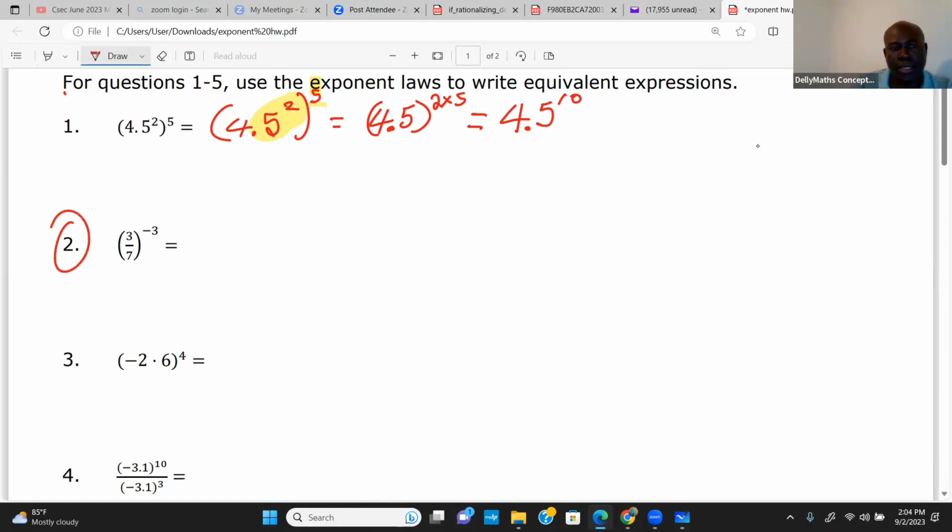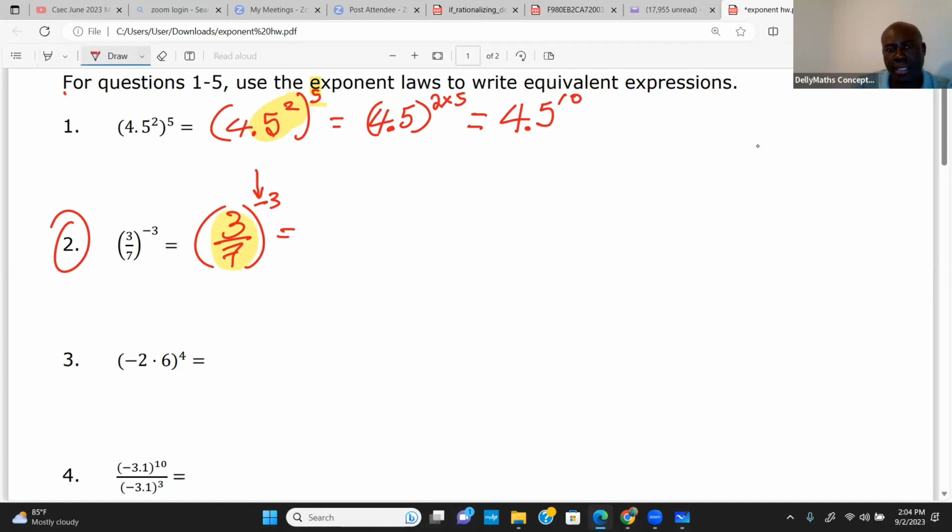Number 2 here is looking at 3/7 raised to the -3. Anything that is raised to a negative power is actually the inverse, and the inverse of any fraction is to reciprocate it. For example, this negative sign is an indication that the rational number here will be reciprocated.